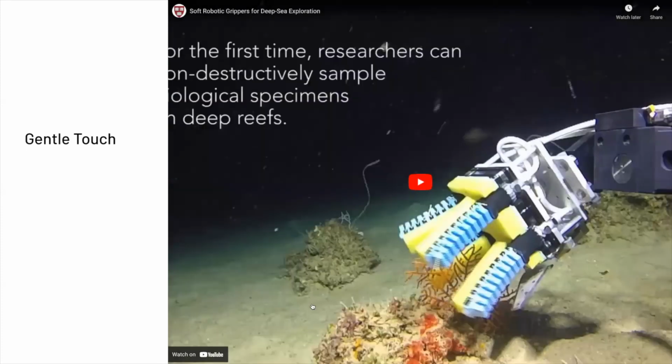This is a work from a really amazing group at the Harvard Wyss Institute. They do a lot of soft robotics and very tiny flying bees. This is one of their recent efforts deploying soft grippers to catch very delicate objects underwater, such as retrieving corals for biological sampling purposes.